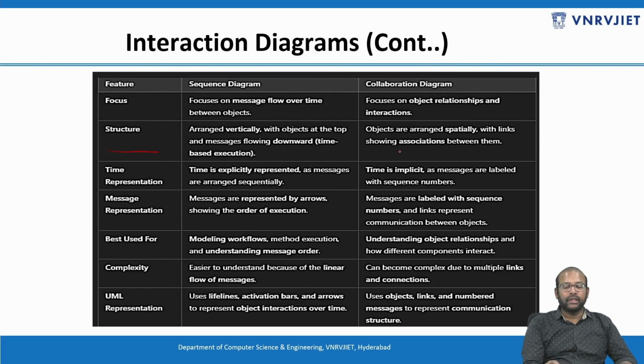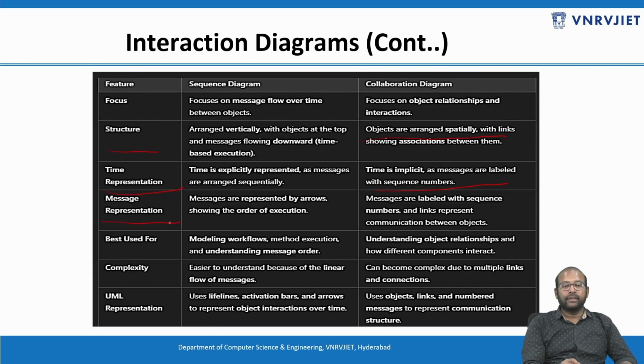But here, objects are arranged spatially with links showing association between them. Coming to time representation, in the sequence diagram time is explicitly represented as messages are arranged sequentially, one step by step in sequential order. But here it will not follow that. It will only follow based on the labeling and the sequence number. Time is implicit.